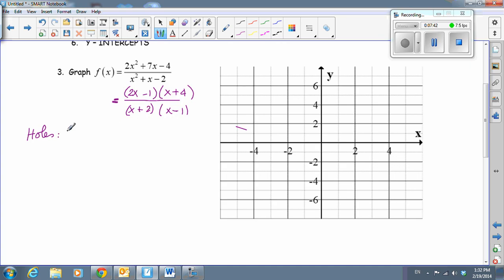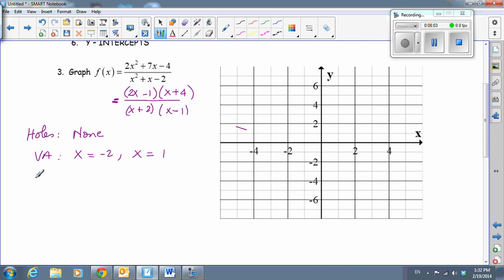Here we have nothing that cancels, so I will say none. We don't have any holes. The next thing is the VA, vertical asymptote. To find the vertical asymptote, those are the values that cancel the bottom. So I will say it's x equals -2 and x equals +1.